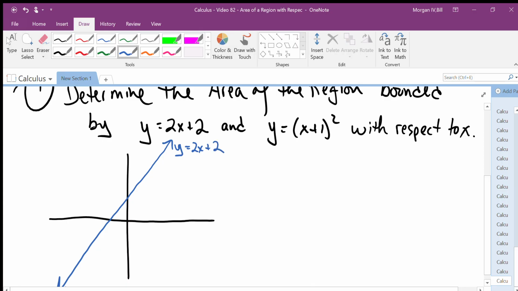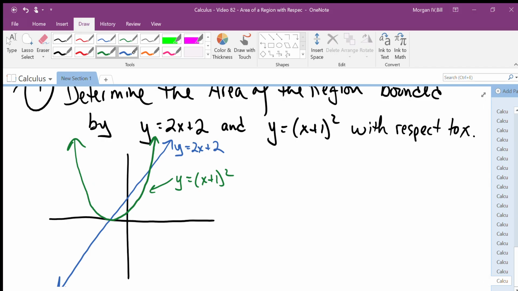And then y equals (x plus 1) squared is a parabola that has been moved to the left by 1, so something like this. And we want the area of the region bounded by these curves. So we are looking for this region in orange right here.